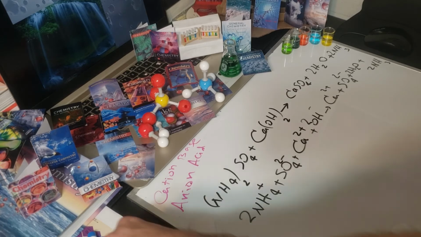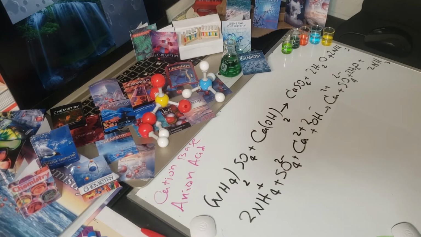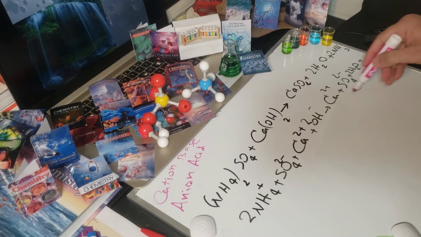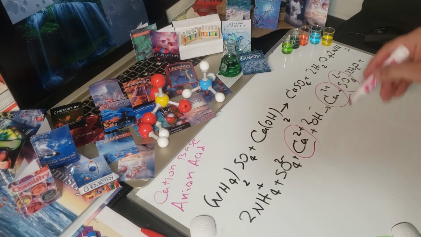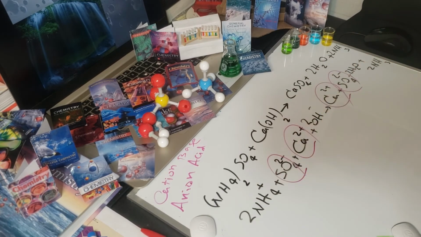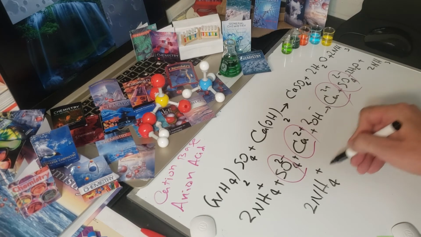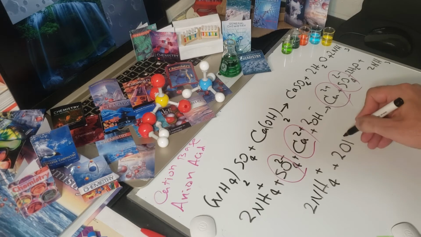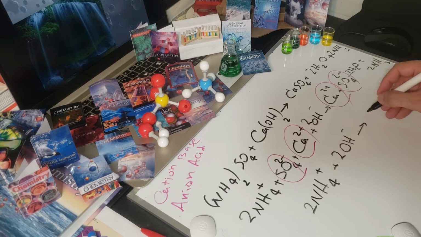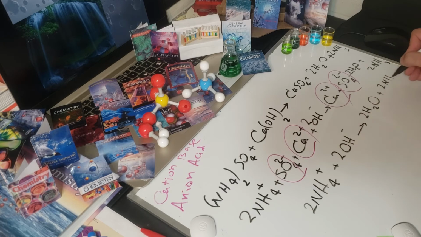And the ones that are spectators are calcium and sulfate. Okay, net ionic then becomes 2NH4 plus and 2OH minus, giving me 2H2O and 2NH3. So that's how you do it.